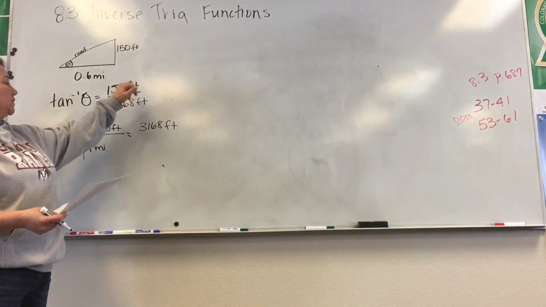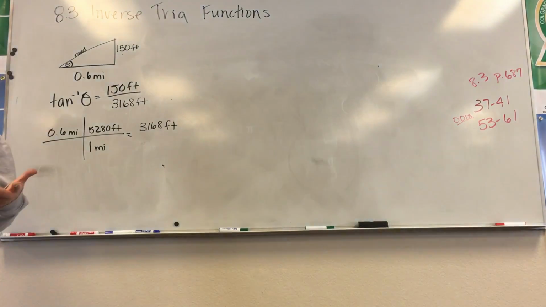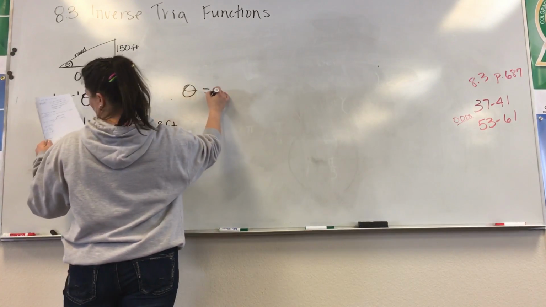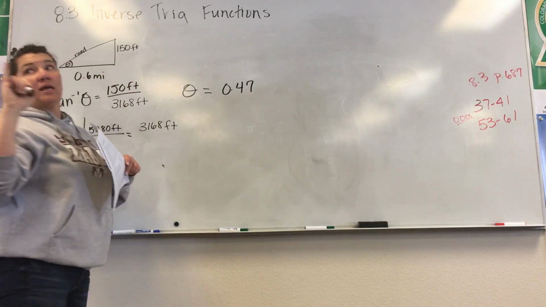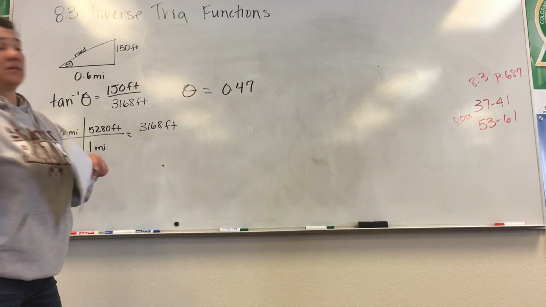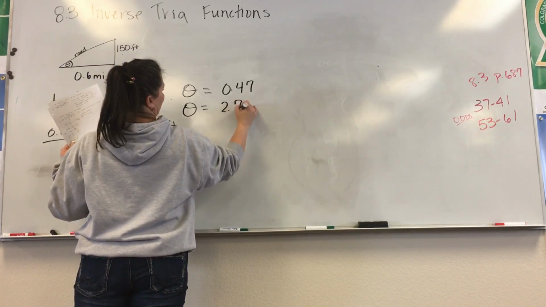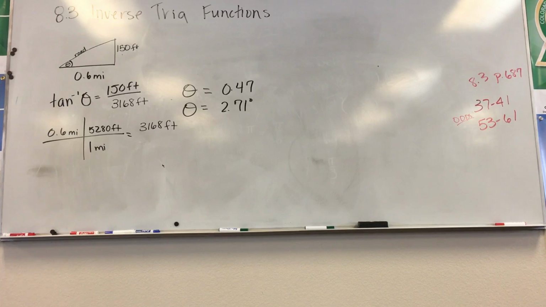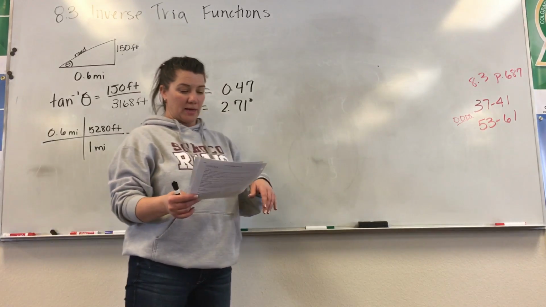You put 150 divided by 3,168, close the parentheses, hit enter, and you get theta equals 0.47 radians if your calculator's in radians. If your calculator is in degrees, you're gonna get 2.71 degrees. So you have to know what your calculator's in, so you know what label to give your answer.